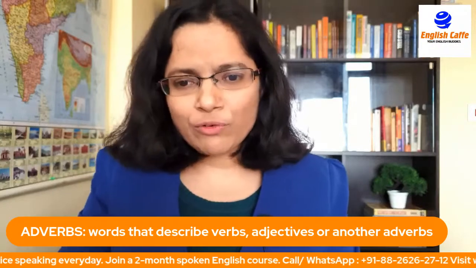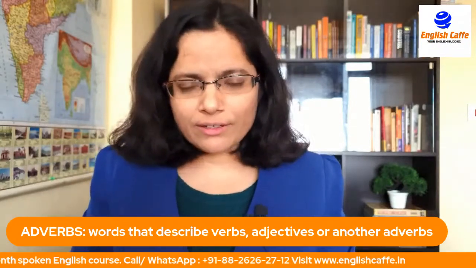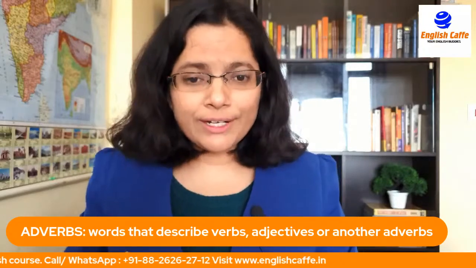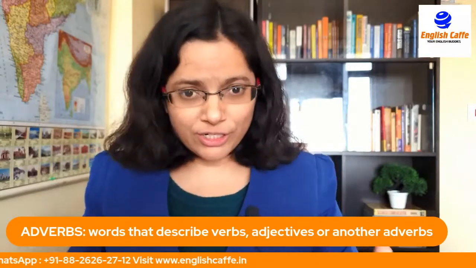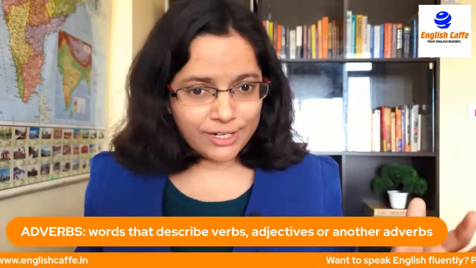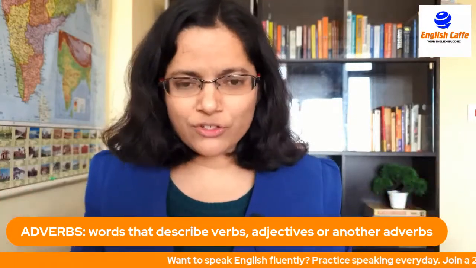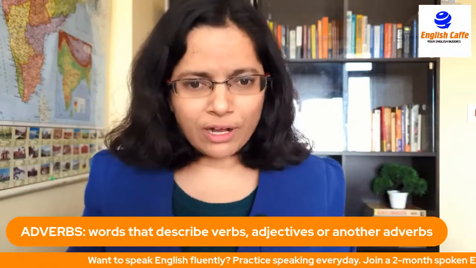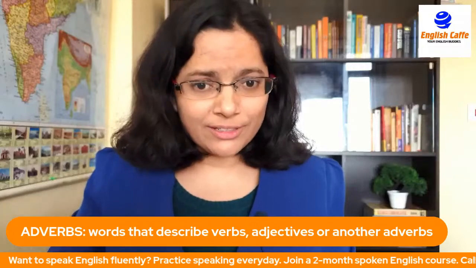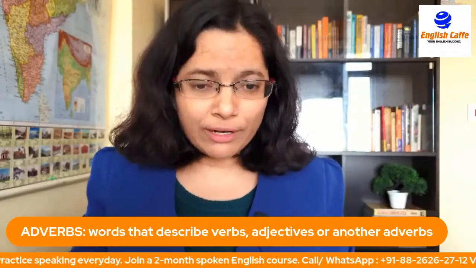Okay, now let's move on to the words that describe adjectives. Sometimes we describe something using adjectives, but then we can describe that adjective further. For example, if I say she is talented, she is a pronoun, is is the verb, and talented is an adjective because talented is giving me more information about she.